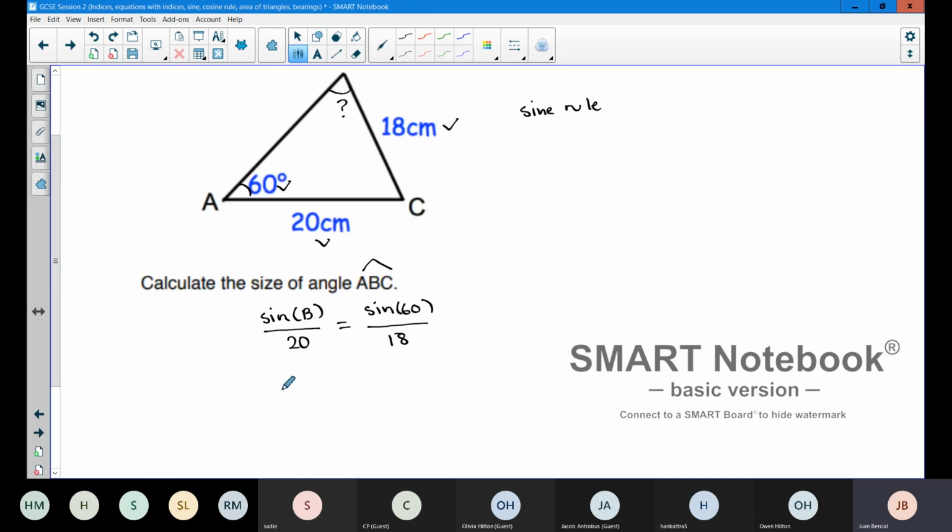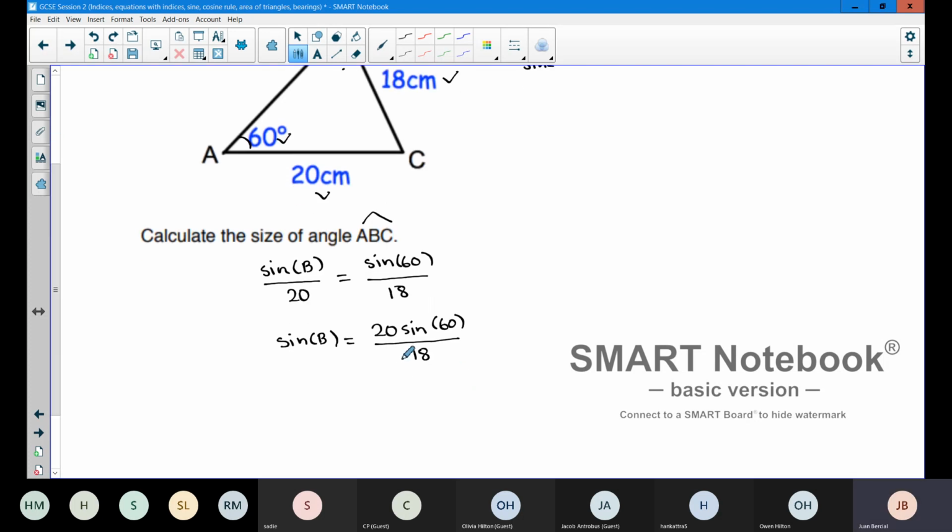So again, we write sine of B is equal to 20 sine of 60 divided by 18. Here, if you look at your calculator, on the same button that gives you the sine, if you press shift, you get the sine -1.